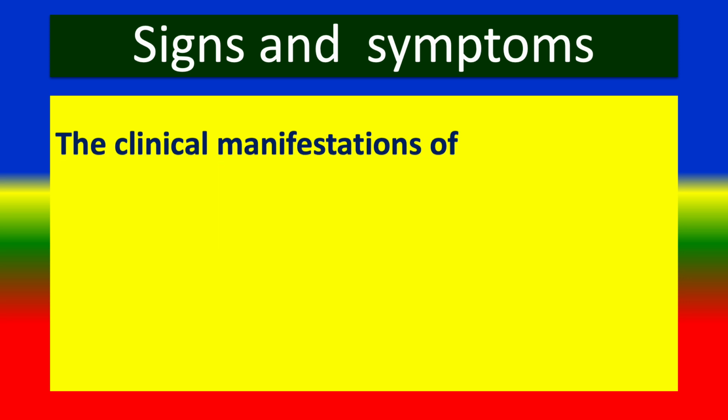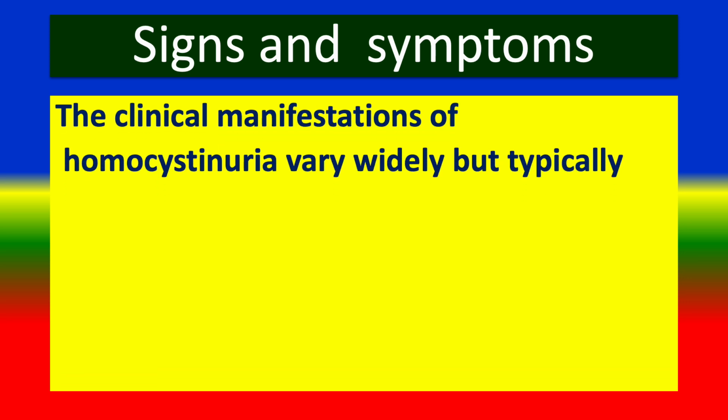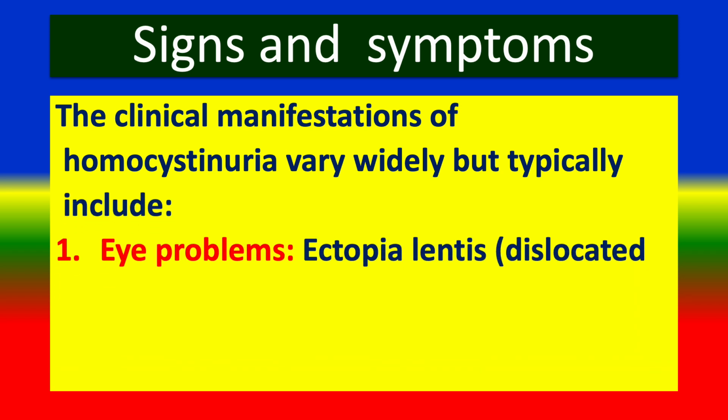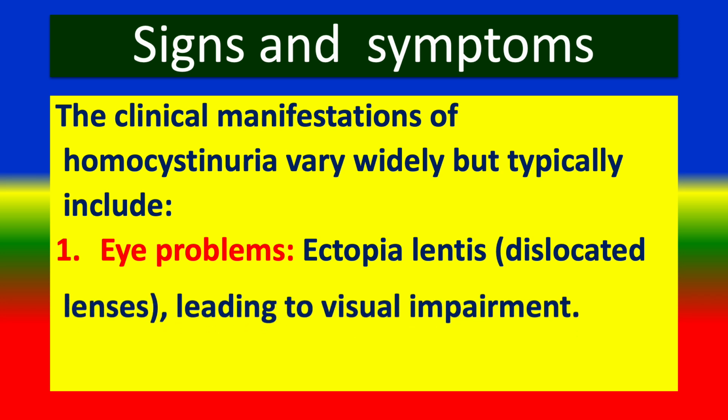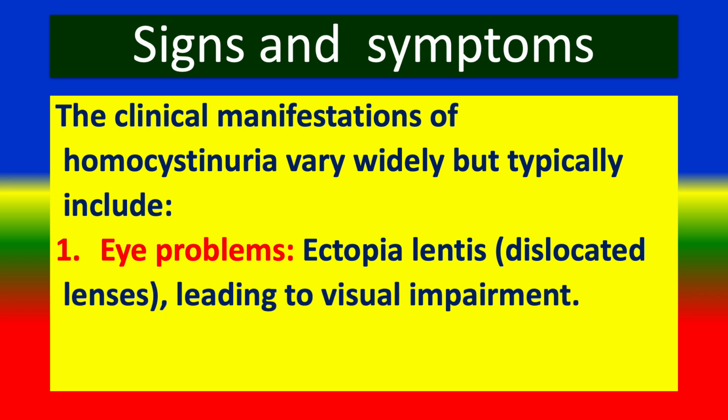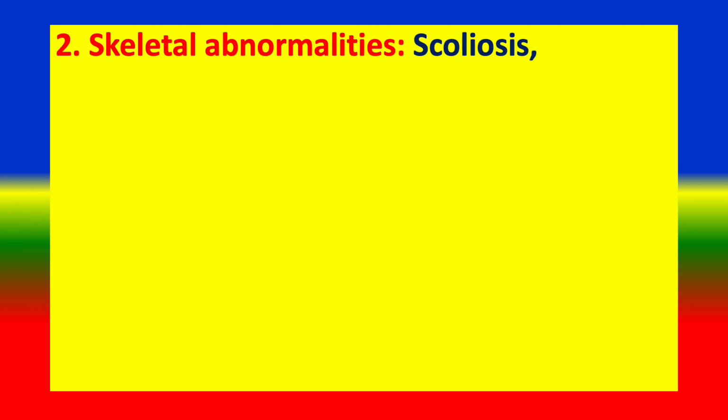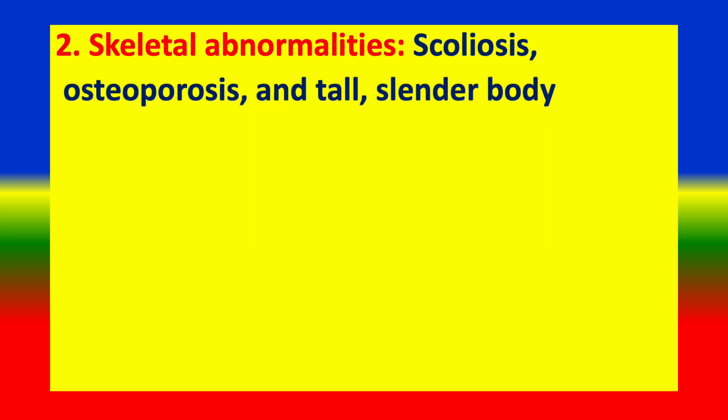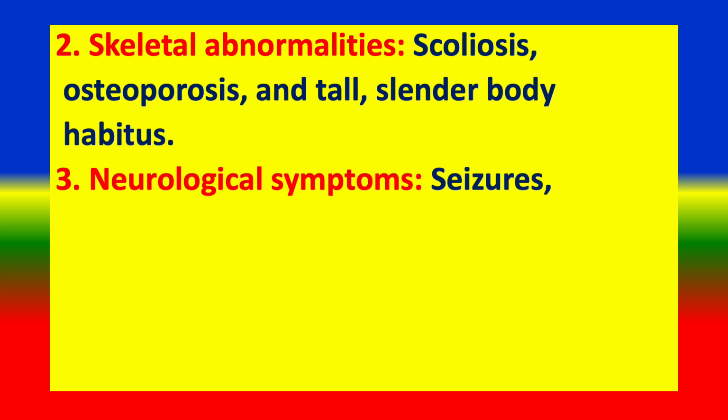Signs and symptoms. The clinical manifestations of homocystinuria vary widely but typically include: 1. Eye problems, ectopia lentis, leading to visual impairment. 2. Skeletal abnormalities, scoliosis, osteoporosis, and tall, slender body habitus. 3.